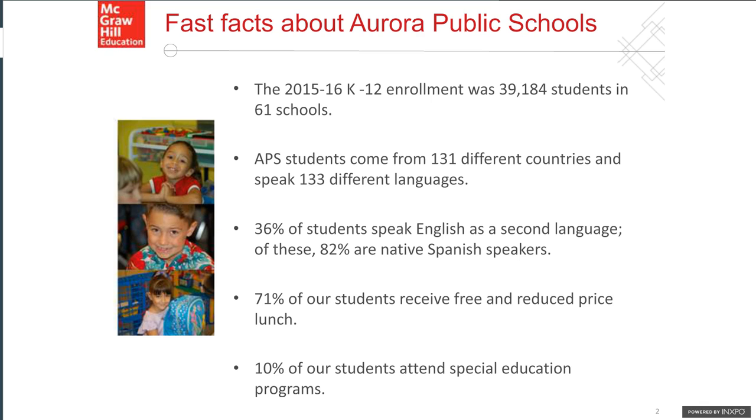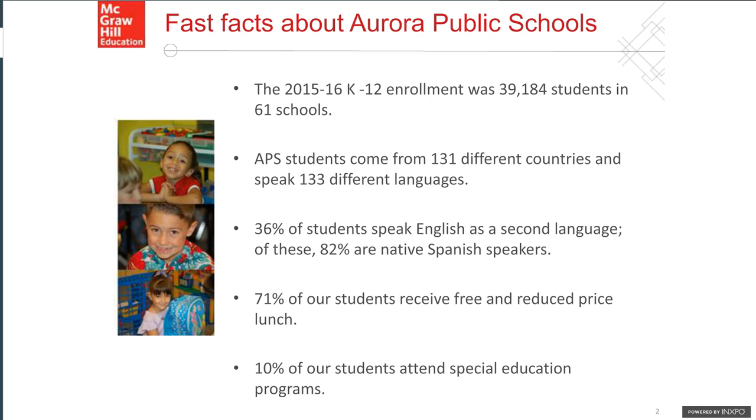So just to tell you a little bit about myself, I am the Director of Assessment and Research here at Aurora Public Schools. I've been in this role for 3 years, and I've been in the district for 7. Just some quick information about our schools here in Colorado. The enrollment last year was about 40,000 students, and it's about the same this year.